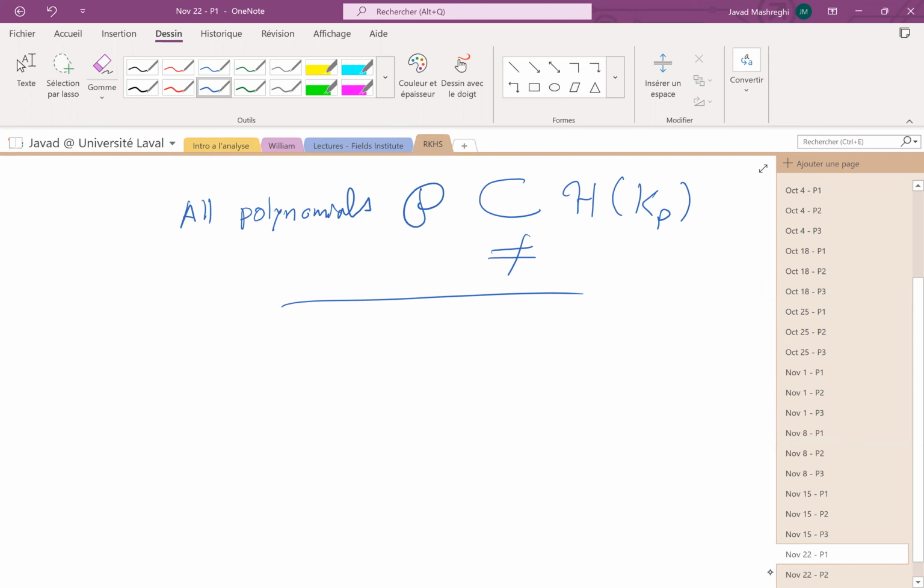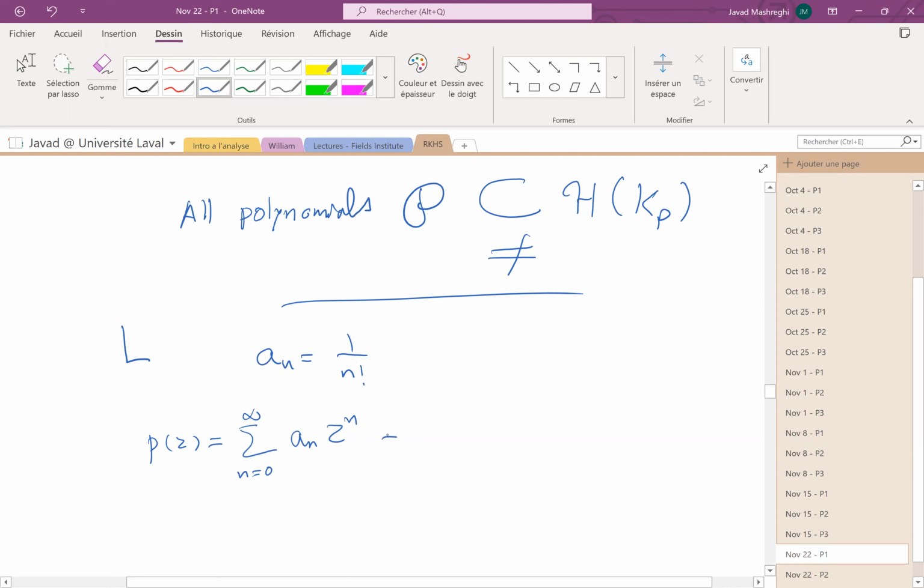And we saw the Segal-Bargmann space. We can consider the general setting of Segal-Bargmann either on L or, I mean, if you have L, you consider a_n to be 1 over n factorial, and then P(Z) is the sum over n from 0 to infinity of a_n Z^n, which is e^Z.